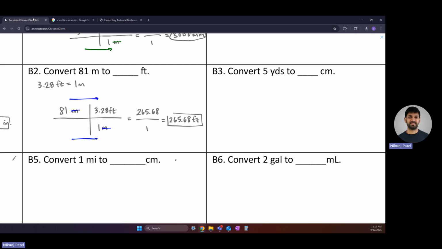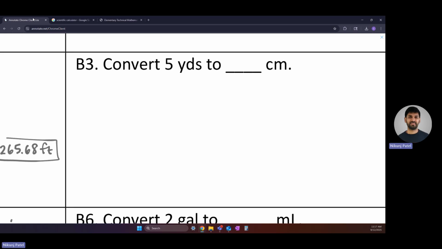B3 says to convert from yards to centimeters. So I've done 2 examples. I'll just set you up here with the conversion factor. We want to find a length measurement going from yards to centimeters.